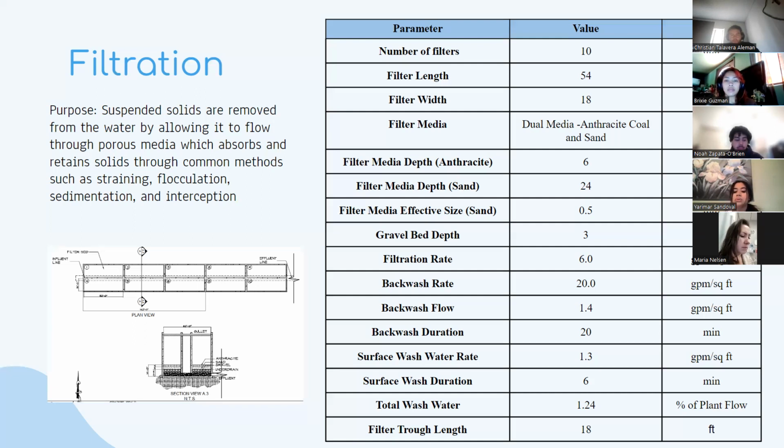And the backwash will last 20 minutes. The surface wash water flow rate is 1.3 gallons per minute feet squared, sorry, and then this will last 6 minutes, and the total wash water will be 1.24% of the plant flow, and the filter trough length is 18 feet.